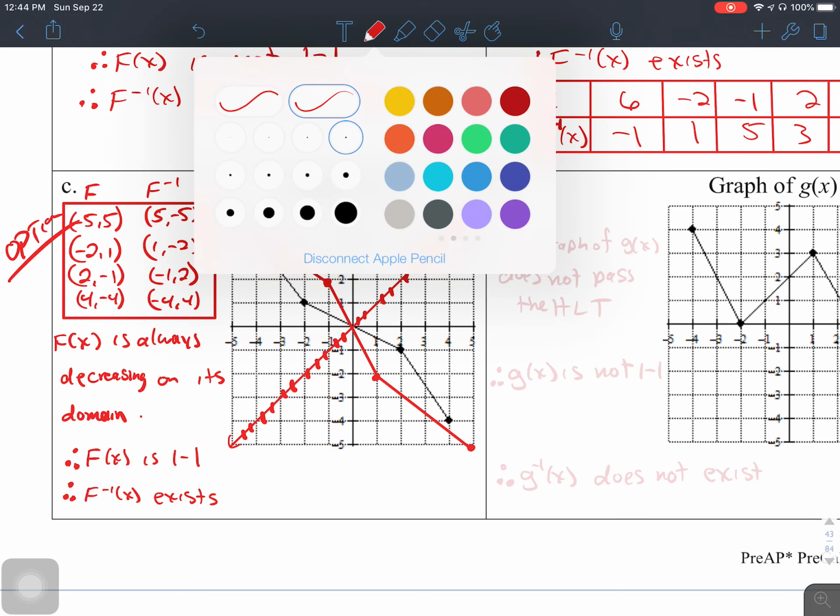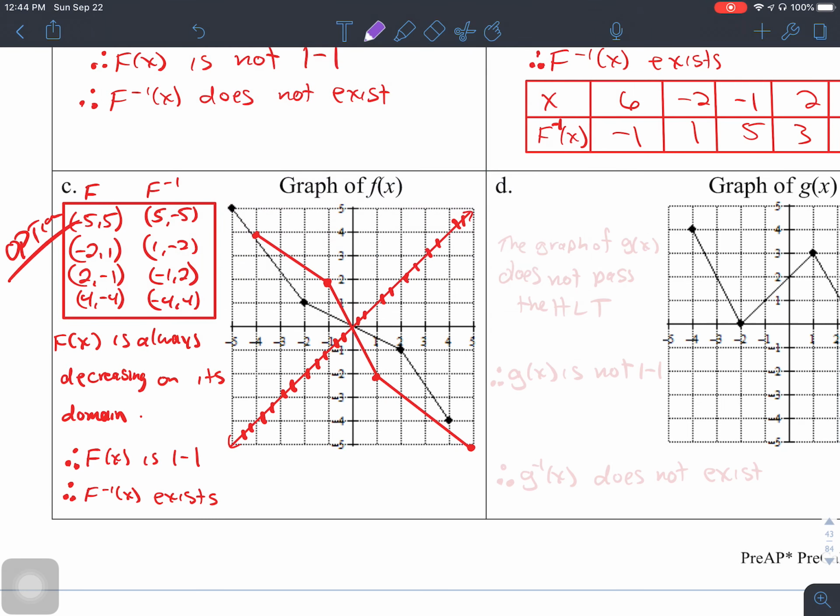But if I look at each of these points on this graph, and I draw a perpendicular segment and make the same distance on each side, which you don't have to do all this, I'm just trying to explain. You will find that each of these purple segments that I'm drawing, they're identical in length on each side of the line of symmetry. Let me get rid of all that junk.